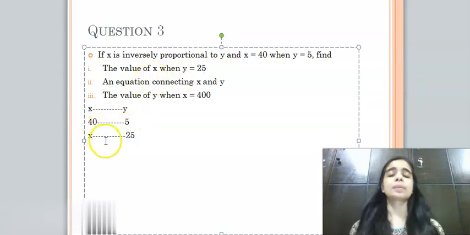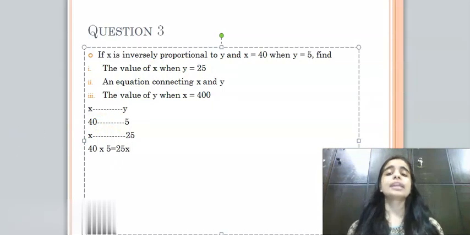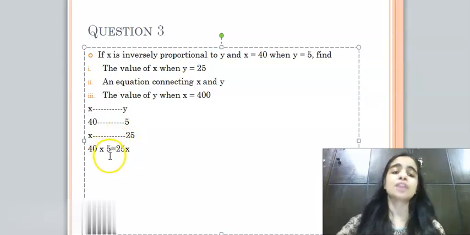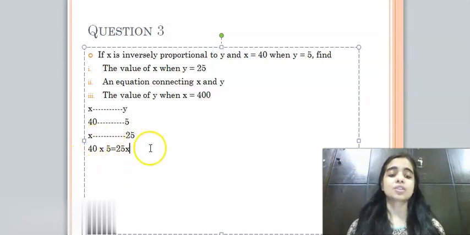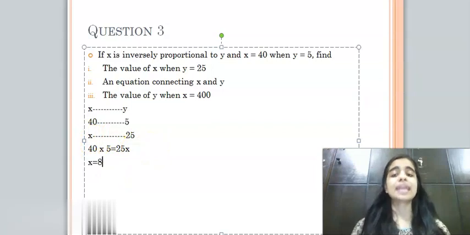This will straight multiply. So 40 multiplied by 5 is equal to 25x, right? And then that 25 will go over there. 25 divided by 5 gives me 1 upon 5, and 40 divided by 5 will give me 8. So the answer will be 8. So that value of x is 8.